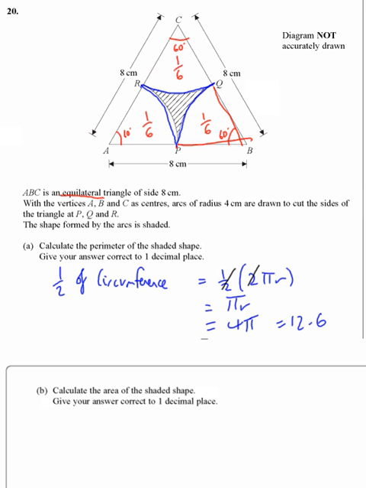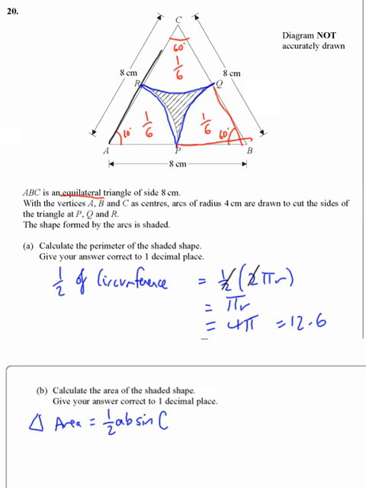Now, for the area of the shaded shape, it's going to be the area of the triangle minus the area of the 3 sectors of the circle. So the area of a triangle is given by the new GCSE formula, not the old one you knew, a half ab sine C, where a and b are 2 lines in the triangle and C is the angle between them.